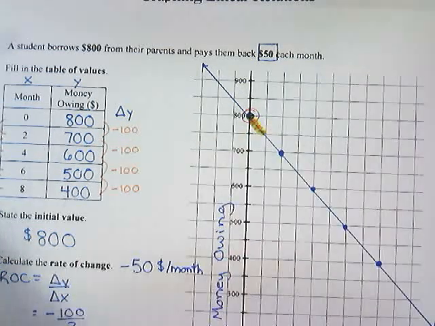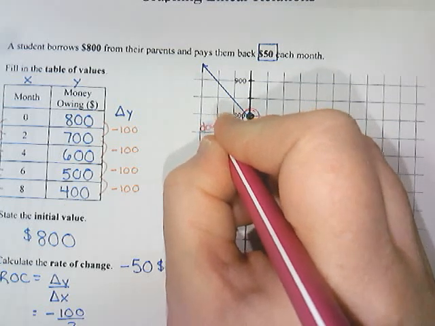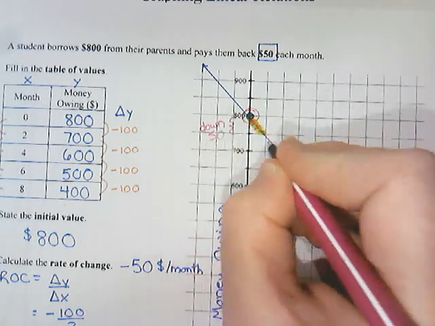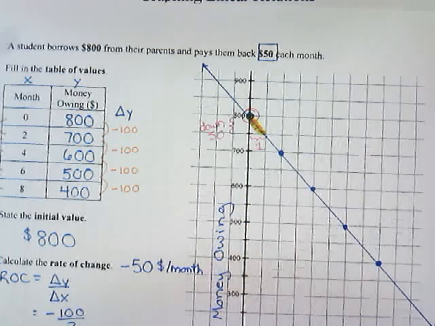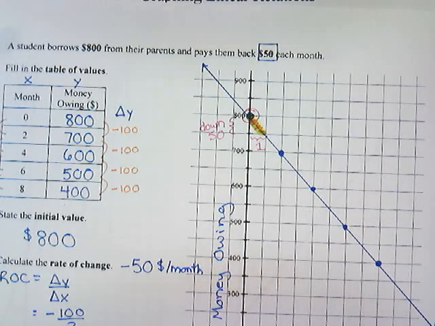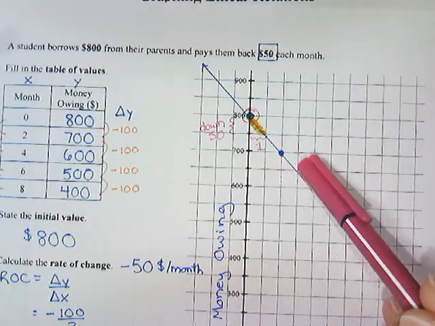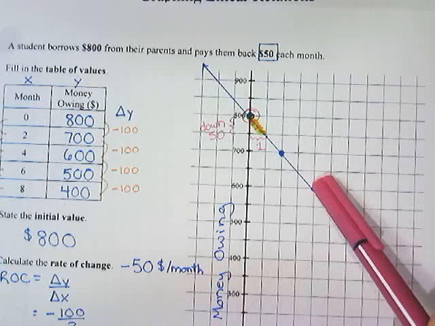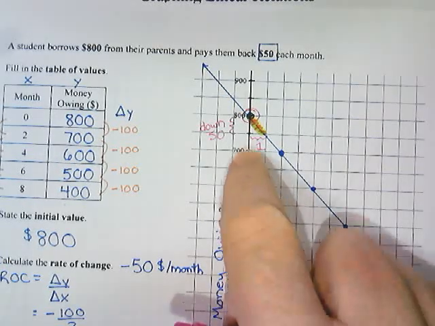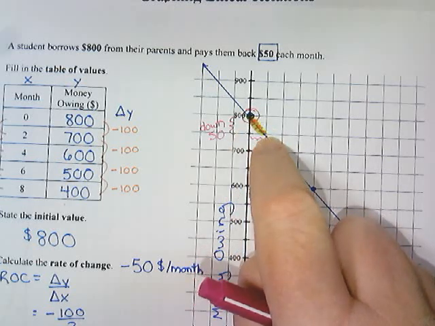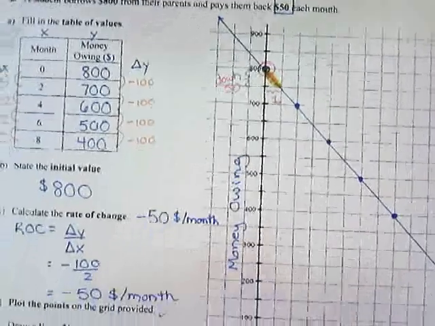It just tells me that we are going down $50 for every 1 month, right? And then we went down another 50 for 1 month, and another 50 for 1 month. So for every 1 month we moved over, we went down $50. Okay?